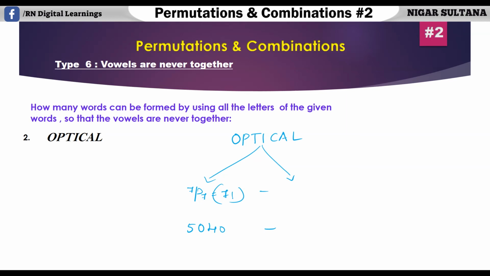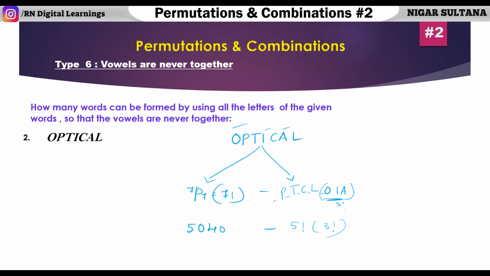How will I write this? First check out the vowels, that is O, I, A. Now what are the leftovers? P, T, C and L. So this can be arranged in 1, 2, 3, 4 and 5. This is my 5 factorial into how many letters are there? 3, that is 3 factorial, isn't it?